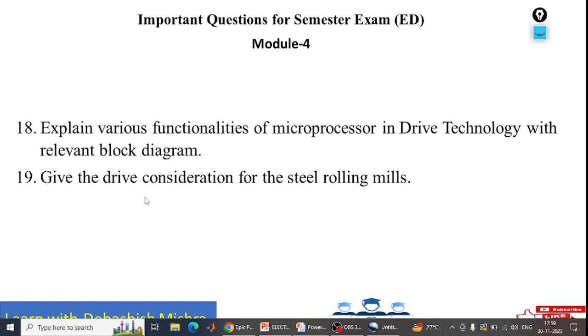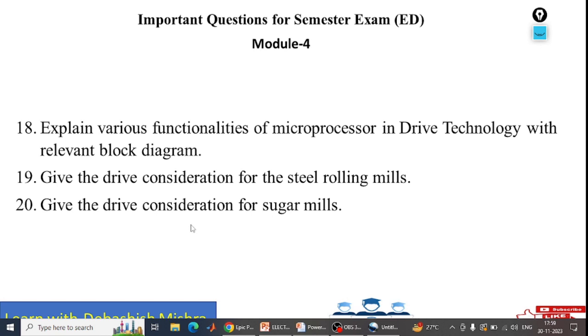Then give the drive consideration for steel rolling mills. Then give the drive consideration of sugar mills. Different types of mills, cement mills are there, but I have selected for this year steel rolling mills and sugar mills. But my suggestion will be you should prepare for all the mills.